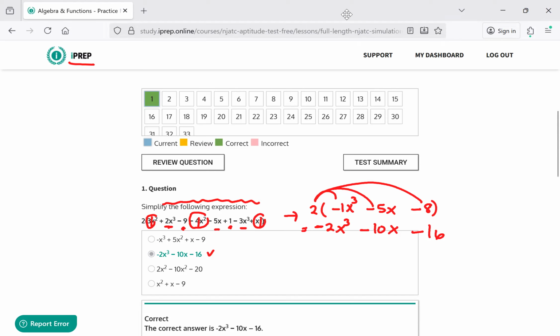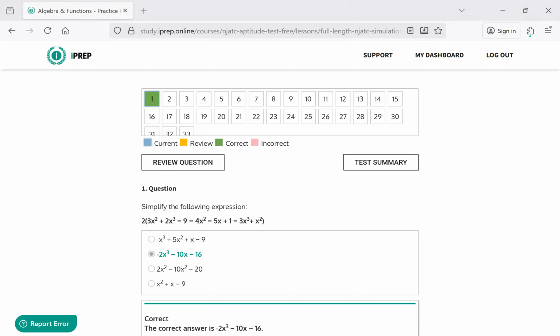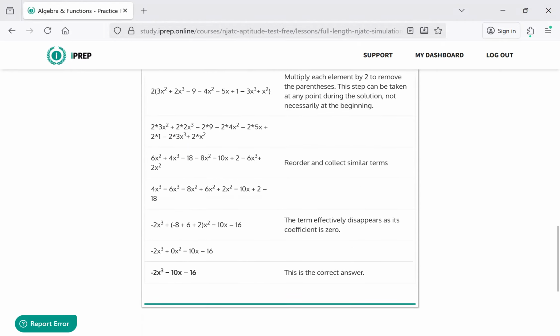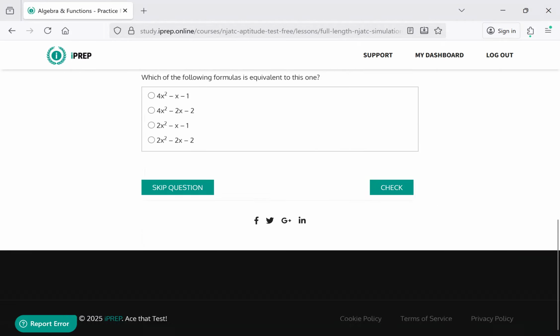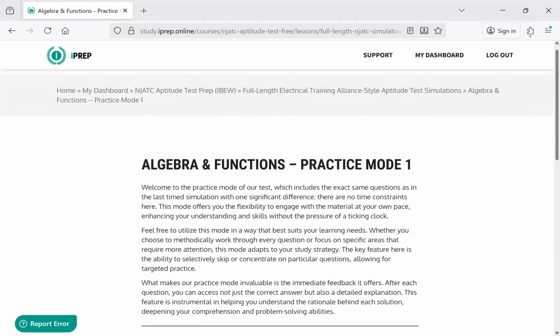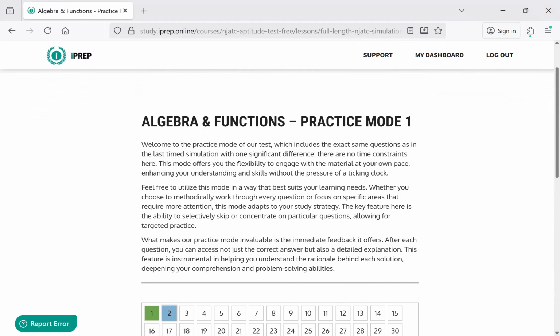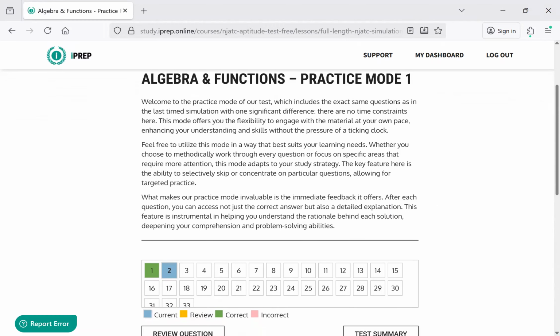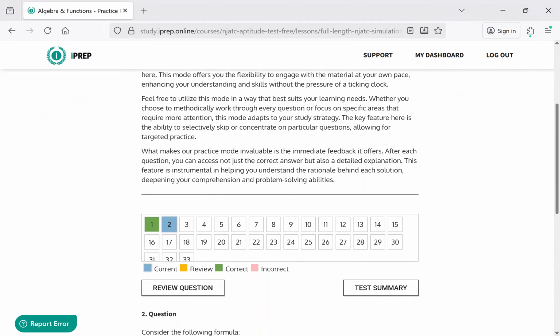Okay, let's move on to question two. If you're actually using iPrep, you can just log into your account.